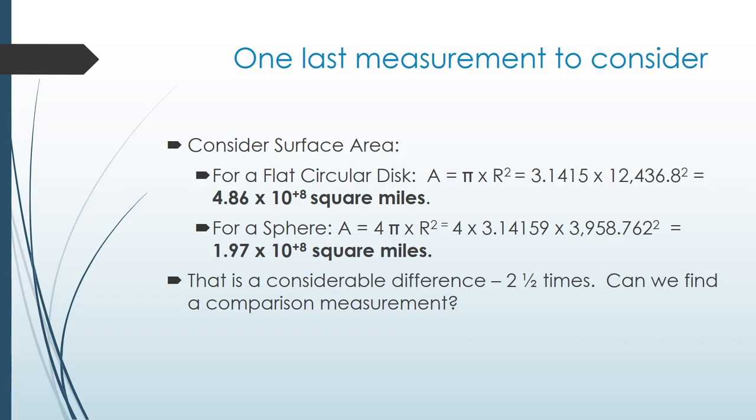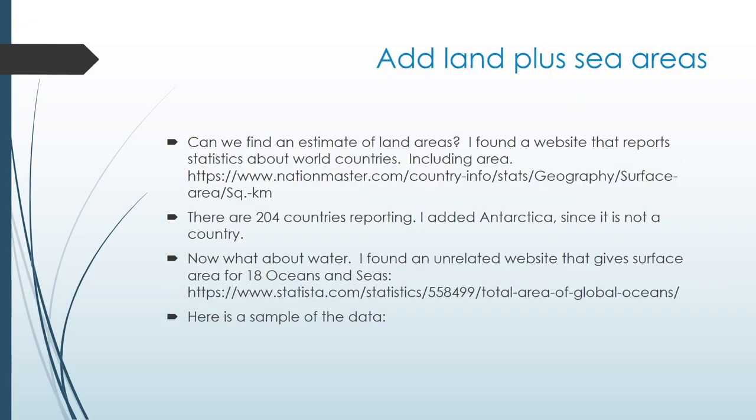So I needed to find a comparison measurement. The surface area of the Earth is made up of land and water. So I found a website that reports statistics about world countries, including area. And that's the website right there.